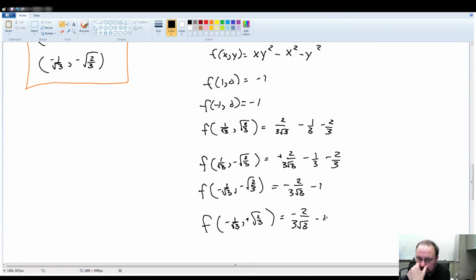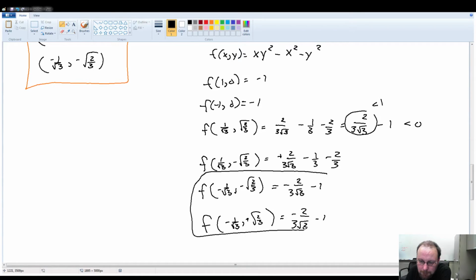Okay, well, that was sort of a mess, but we got them all. So is this positive or negative? Can anybody tell? I'll use my calculator. It's obviously negative, because this term is smaller than 1. So it's going to be negative, but not as negative as these.